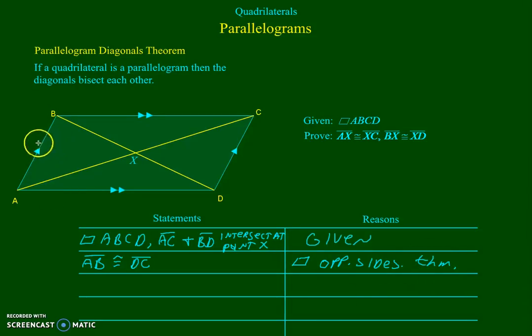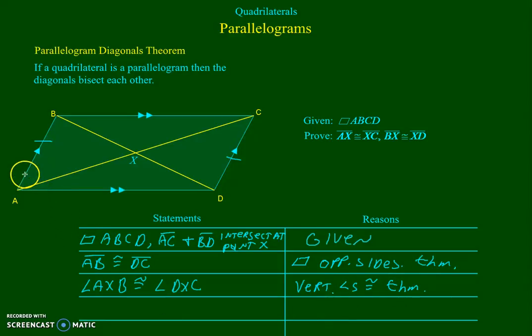So that gives us this side is congruent to this side. Now let's set this angle equal to that angle. So angle AXB is congruent to angle DXC. That's the vertical angles congruence theorem.